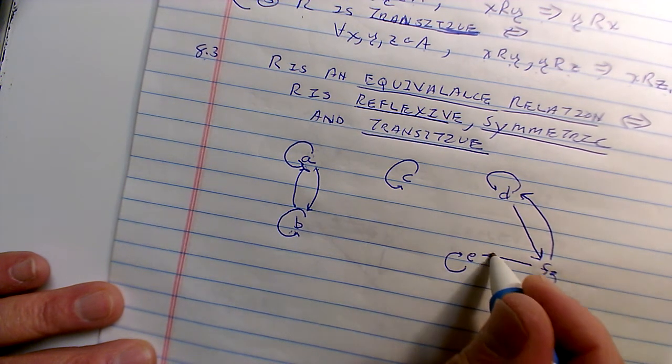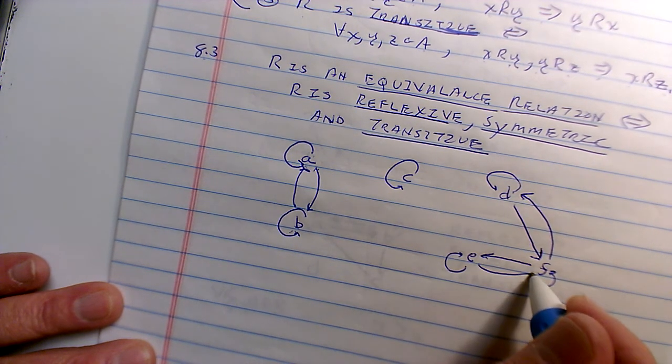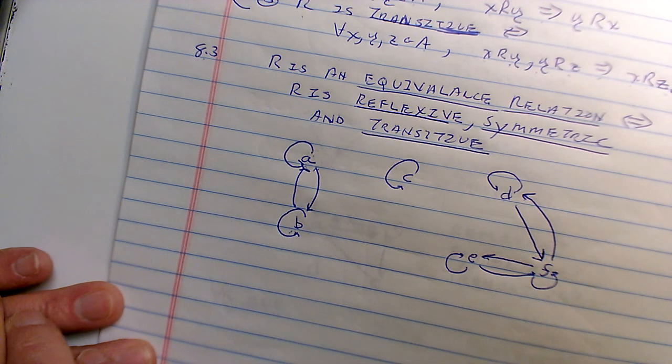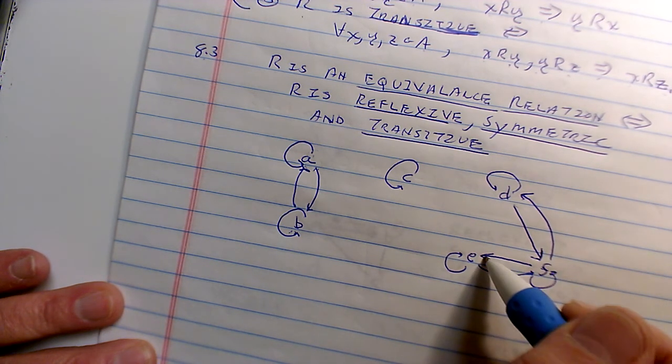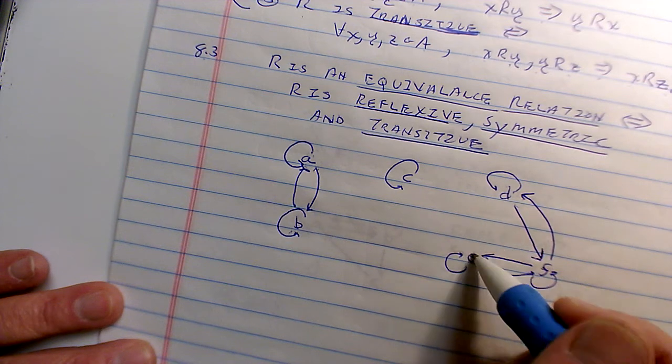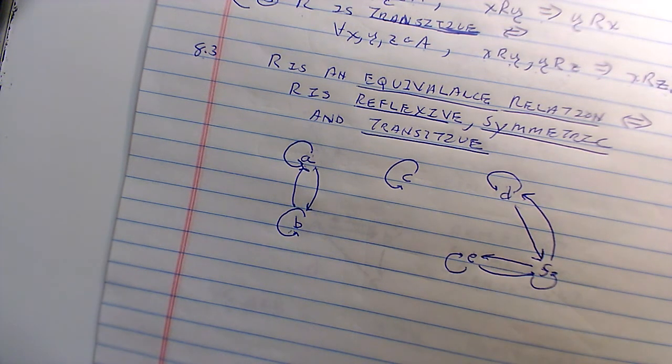Let's add in some other things. Since I drew the arrow going both directions, we still have symmetry. It's still a symmetric relation. But now D goes to F and F goes to E, but D does not go to E. So this one is not transitive.